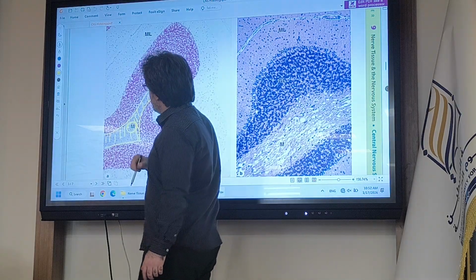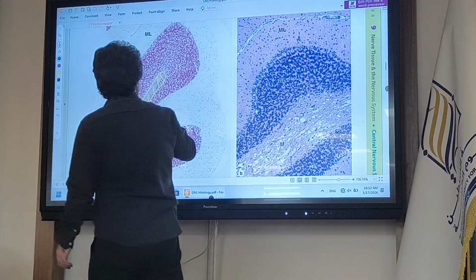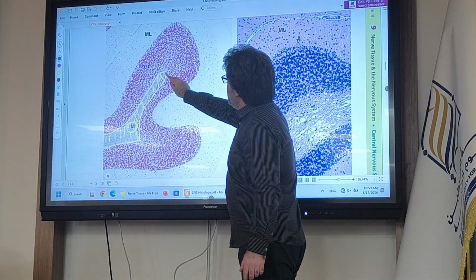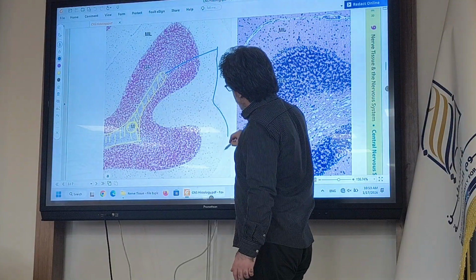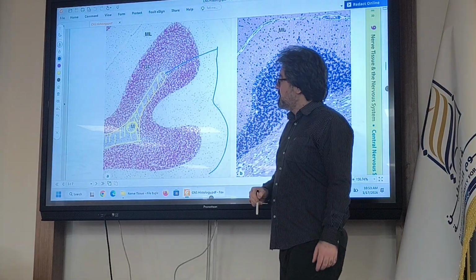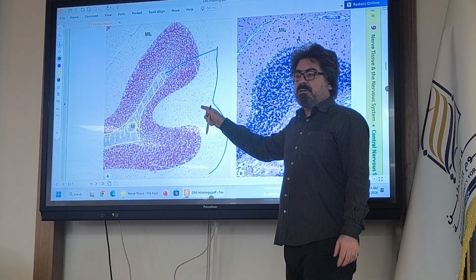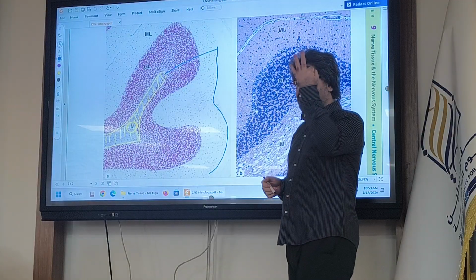Now look at other parts. The outer part from here to here is known as the cortex. As you can see, the cortex includes three parts.